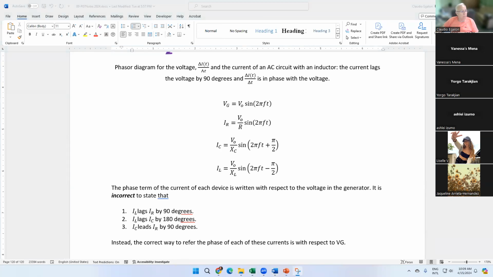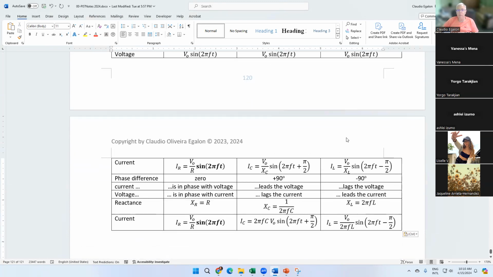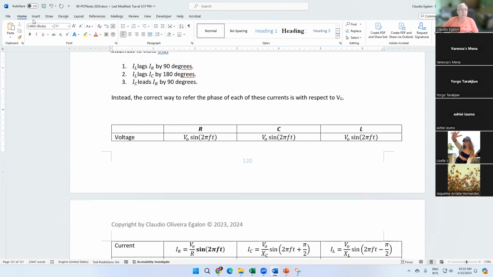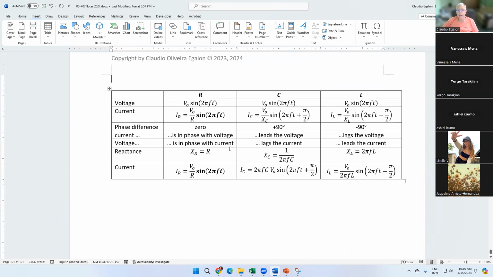I want you to look at this table that I prepared for you. This VG here is under subscript. Here's the table. I'm going to put the table in the next page. AC circuits with a resistor, with a capacitor, with an inductor.